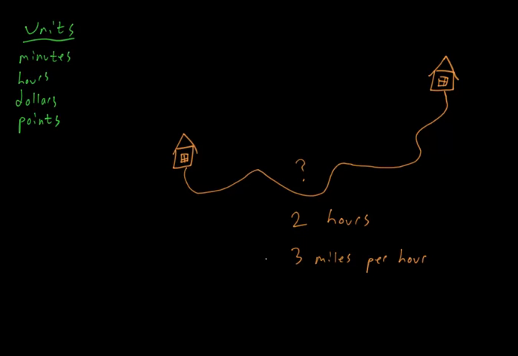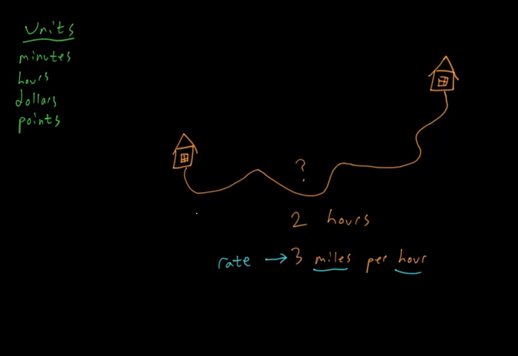Now this right here, this 3 miles per hour, this is what we call a rate. Now a rate is basically when you have so many of one kind of unit for every one of another kind of unit. So in this case, 3 miles per every hour.